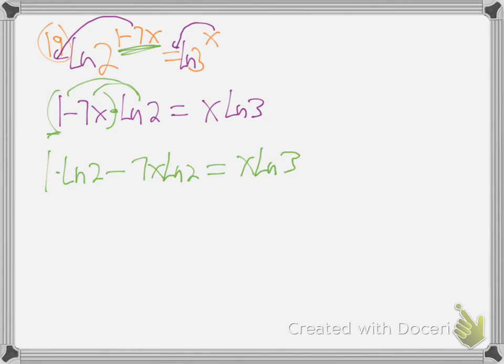Now, this one's harder. We're trying to solve for x. How do we solve for x? What do we do? We did this before with inverse functions. A lot of math is recognizing a certain thing and then remembering the pattern to handle it.